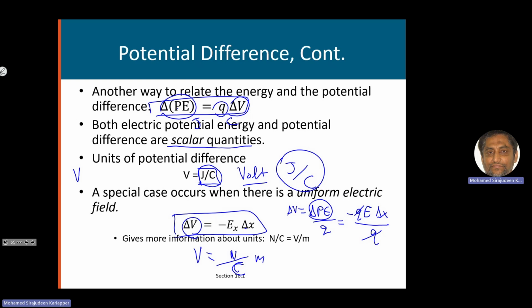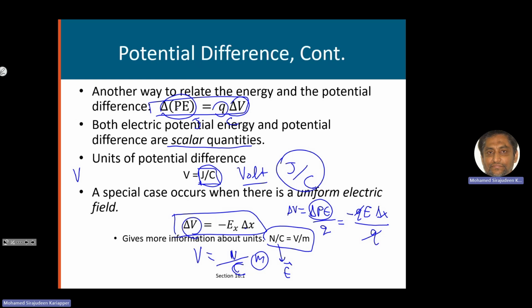So if I combine this and bring this meter to this side, you can see Newton per Coulomb, which is the unit for electric field. Electric field unit is Newton per Coulomb, and Newton per Coulomb is identical to volt per meter. The SI unit for electric field can also be given as volt per meter.